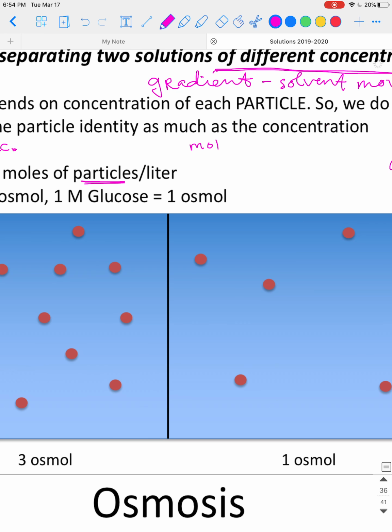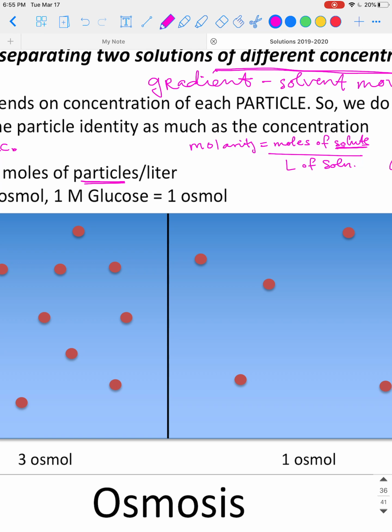If you remember, molarity is equal to moles of solute, and I'm going to underline the word solute, per liter of solution. We're familiar with molarity, and that's what molarity is.